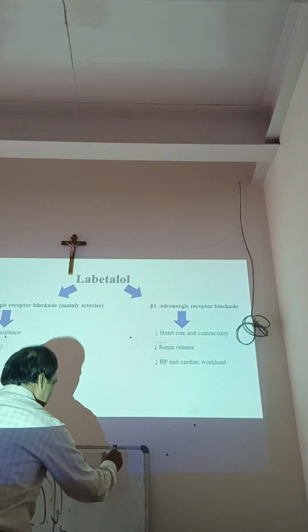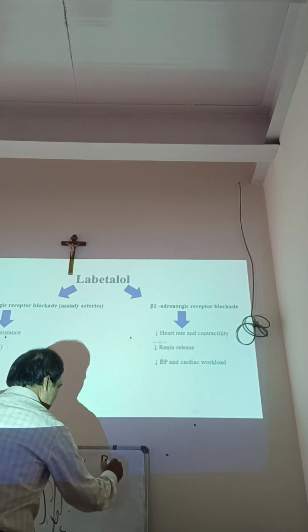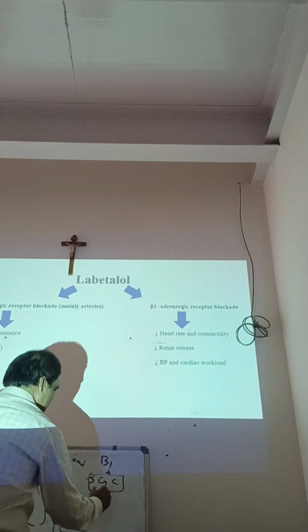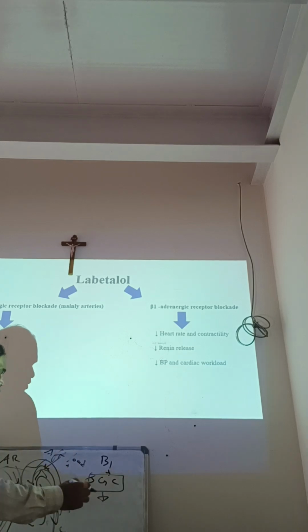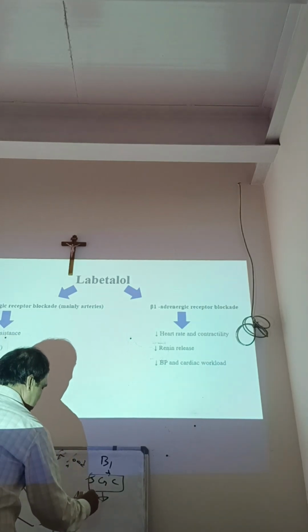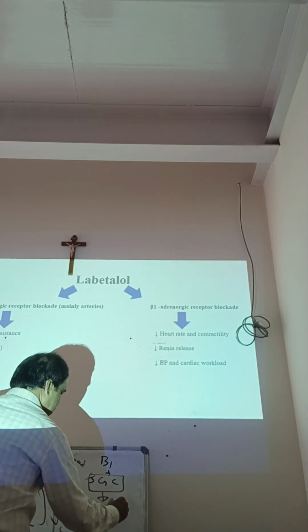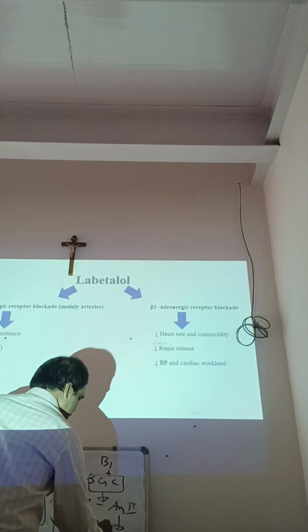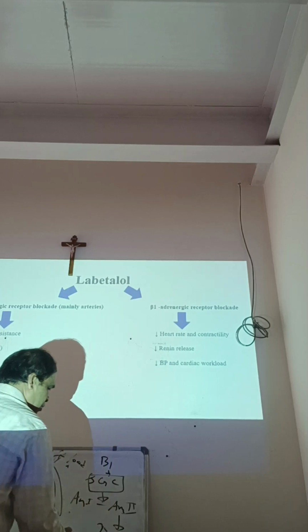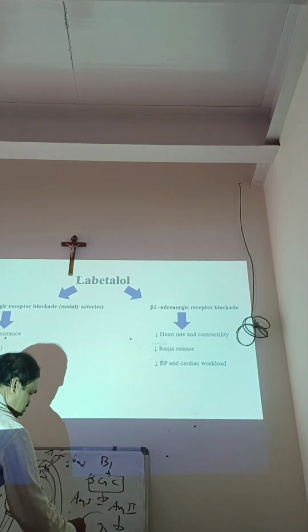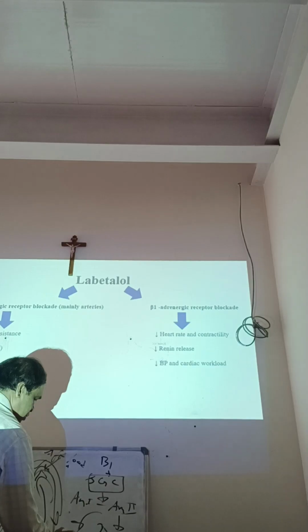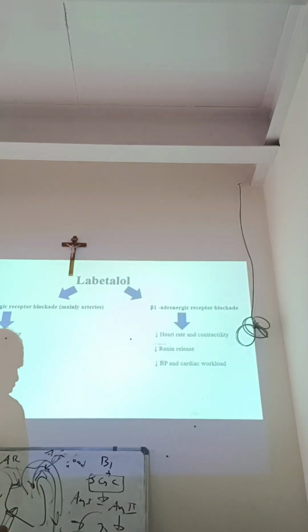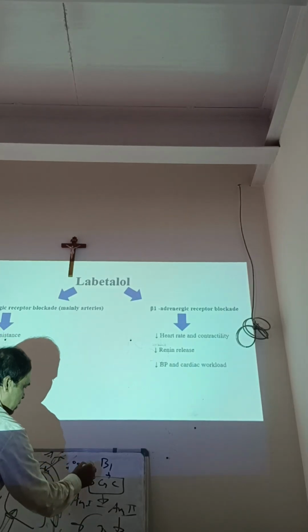If this gets stimulated, there is conversion of angiotensin 1 to angiotensin 2, and this also increases BP. Plus there is retention of sodium and water due to the aldosterone mechanism. So you block the beta 1 receptor here too.